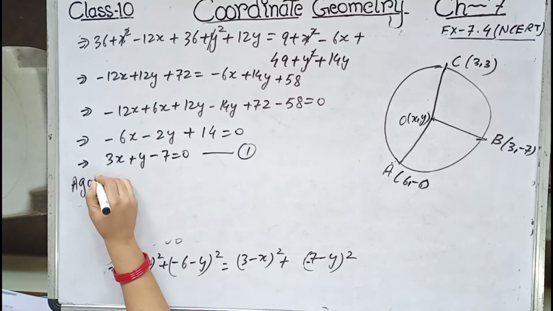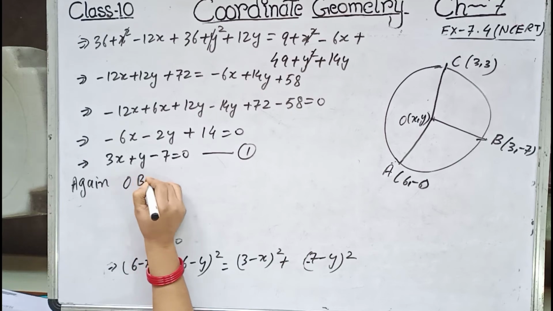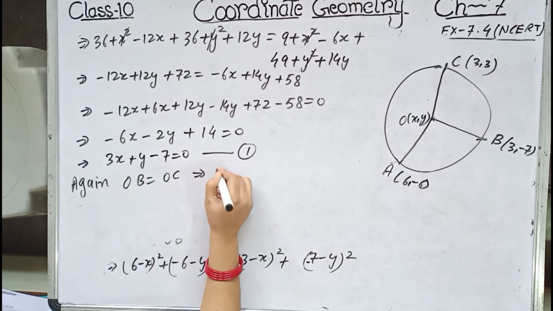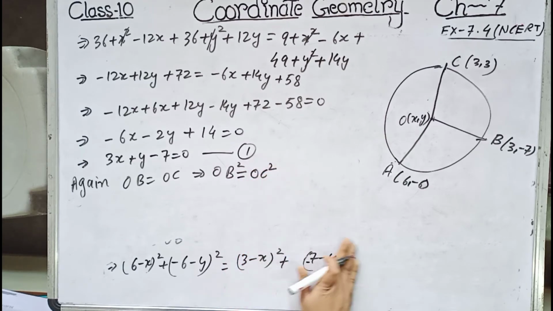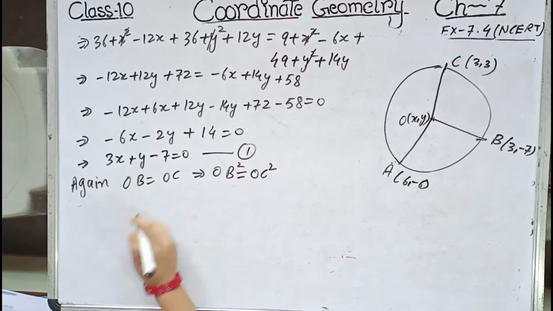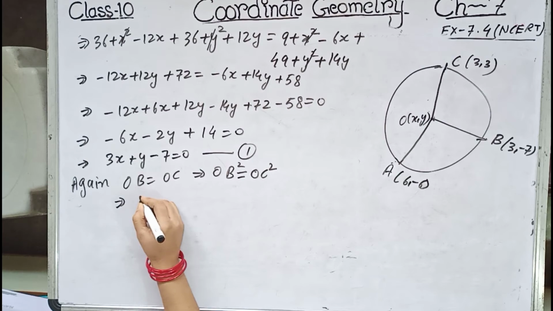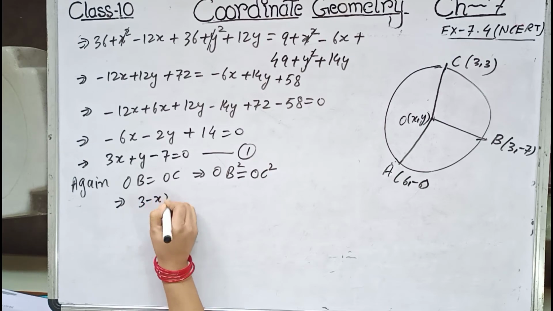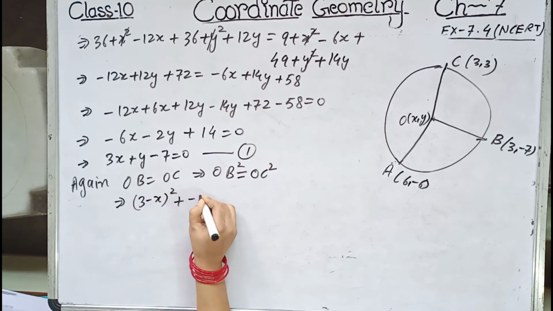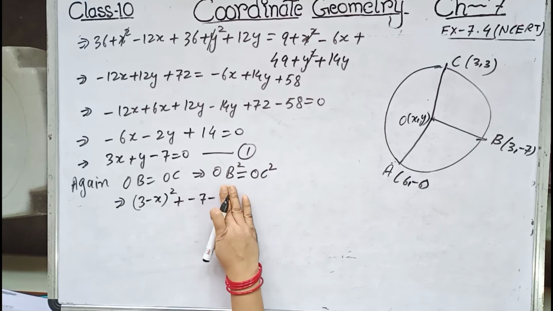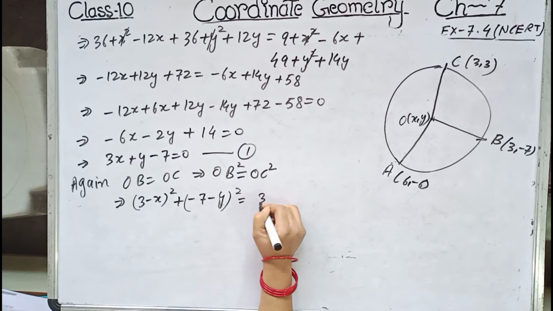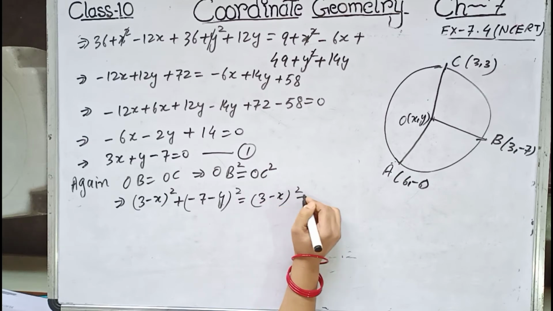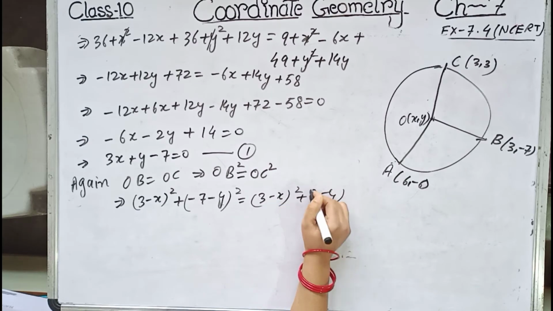Again, OB equals OC implies OB square equals OC square. This implies (3 minus x) square plus (minus 7 minus y) square equals (3 minus x) square plus (3 minus y) square.